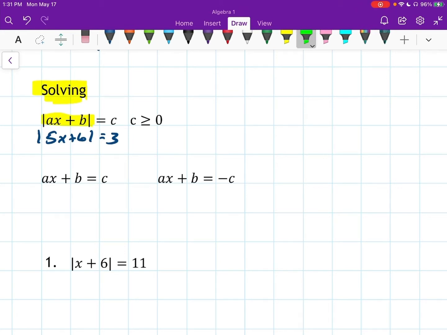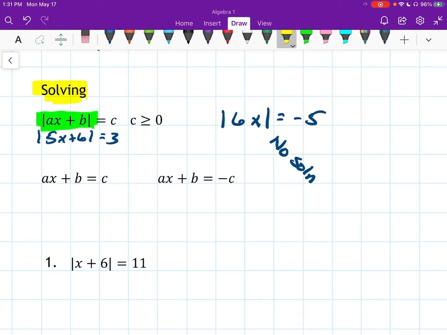There's no way for this guy to go negative. And there might be some problems like that where you'll see something like, I don't know, the absolute value of 6x equals -5, right? That could never happen. This is going to be no solution. Okay, if you see a homework problem like that, that's going to be no solution.